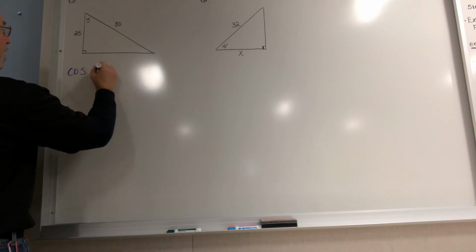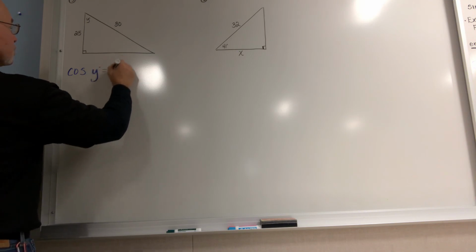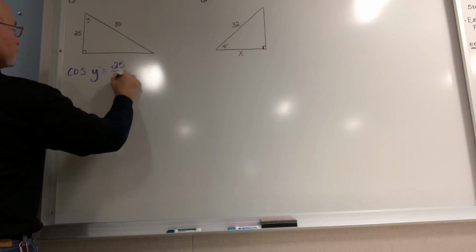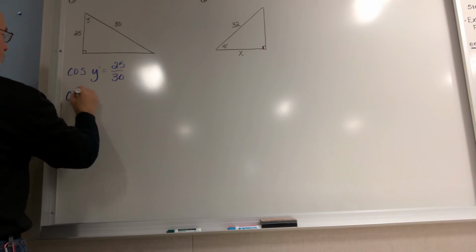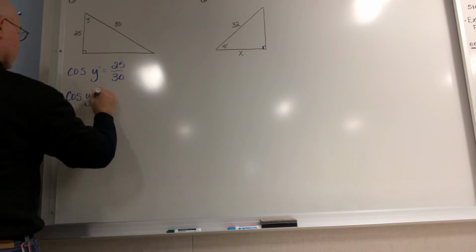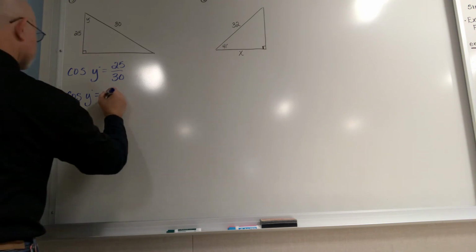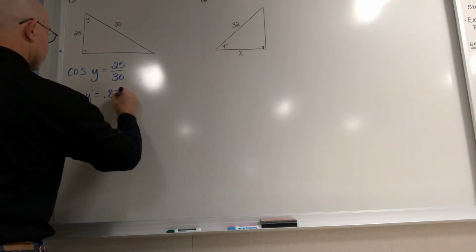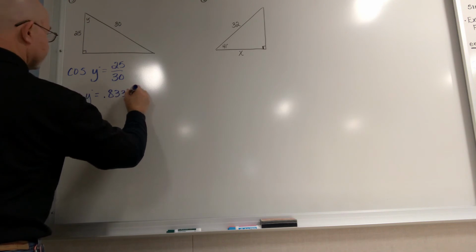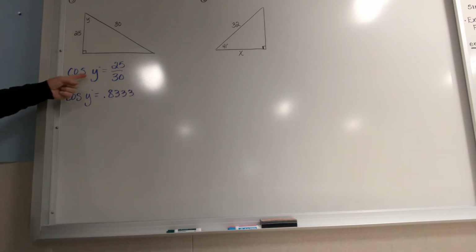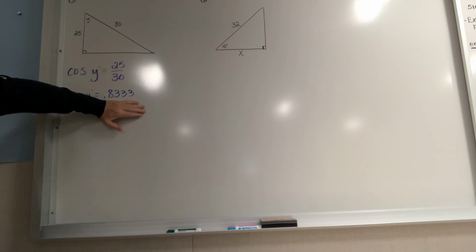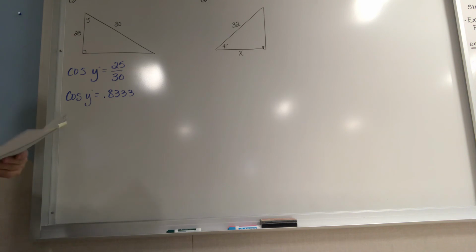The cosine of our angle measure, so the cosine of some angle is equal to 25 over 30, which becomes 0.8333.